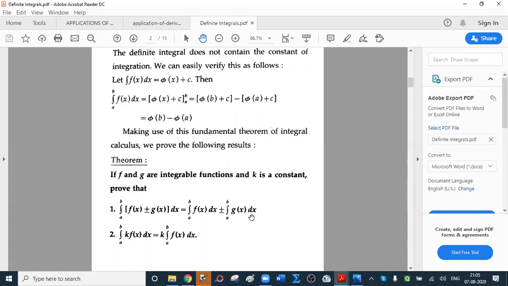Third, integral a to b k f of x dx, where k is a constant, is k times integral a to b f of x dx. So this is about the fundamental theorem. In the next lecture, we will first discuss how an integral can be expressed as a limit of a sum. Then we will solve sums using the fundamental theorem. So we stop here.